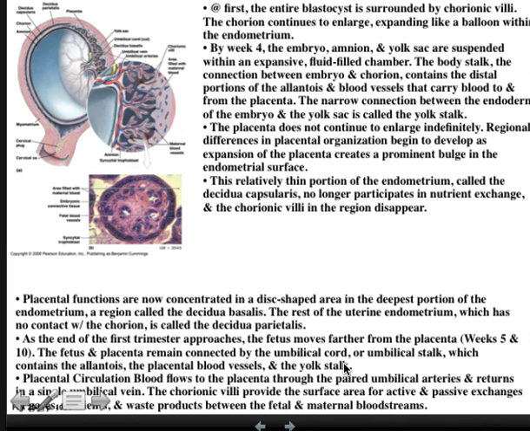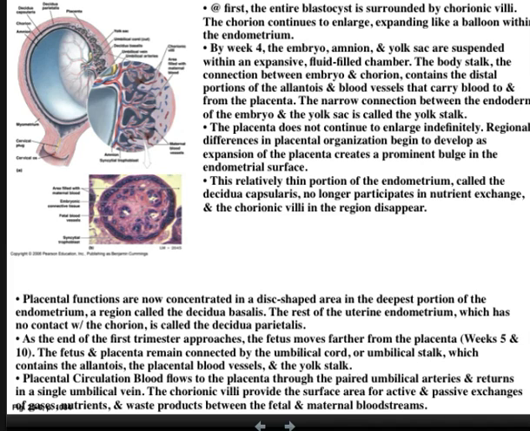Placental function is now concentrated in a disc-shaped area, the deepest portion of the endometrium, in an area known as the decidua basalis. The rest of the uterine endometrium, which has no contact with the chorion, is called the decidua parietalis.